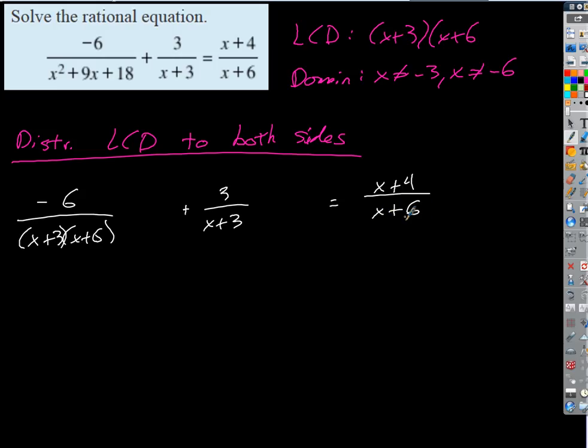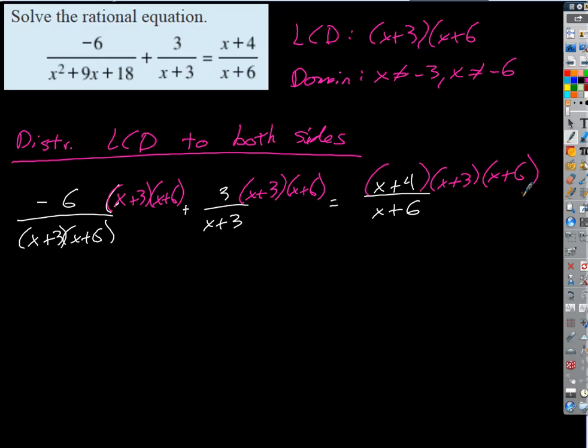So we're gonna multiply, distribute through both sides. We're gonna multiply by x plus 3 times x plus 6.